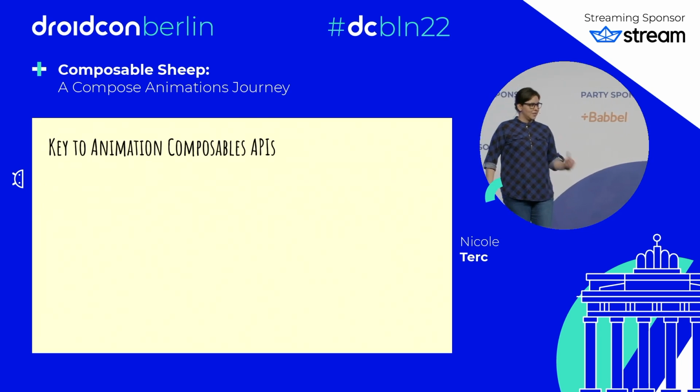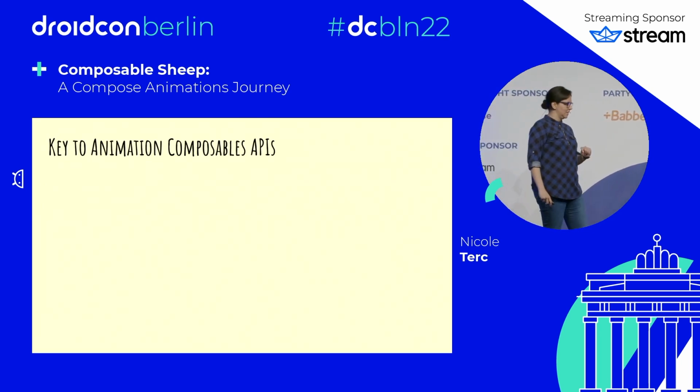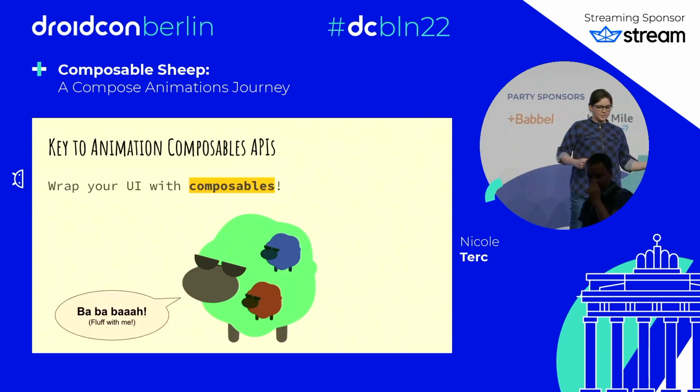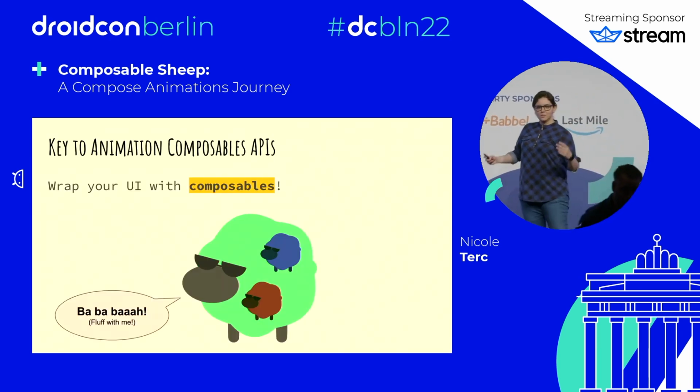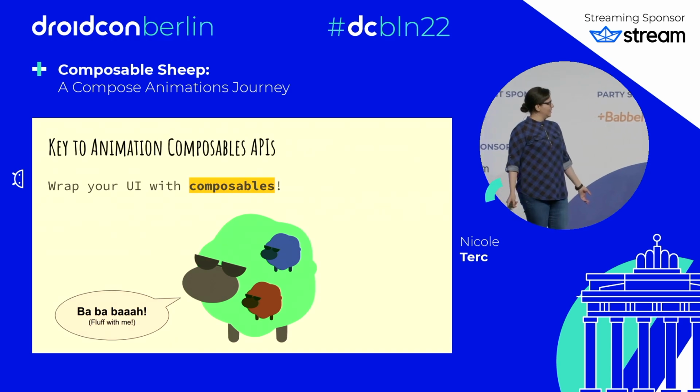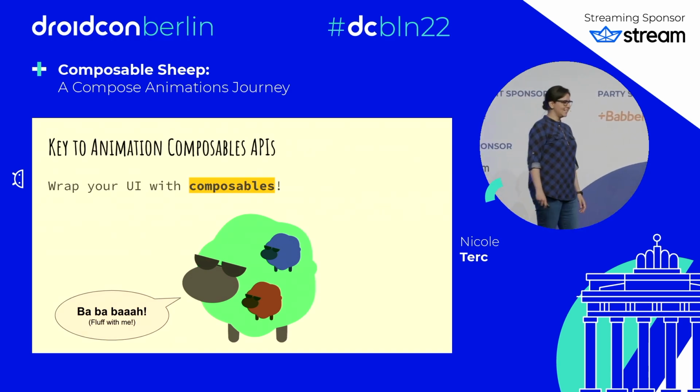So, to finish up this section of the categories, what is the key to animation composables APIs? You just grab your UI with composables.